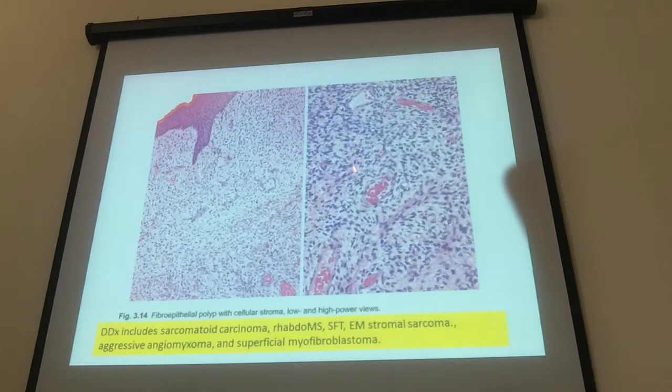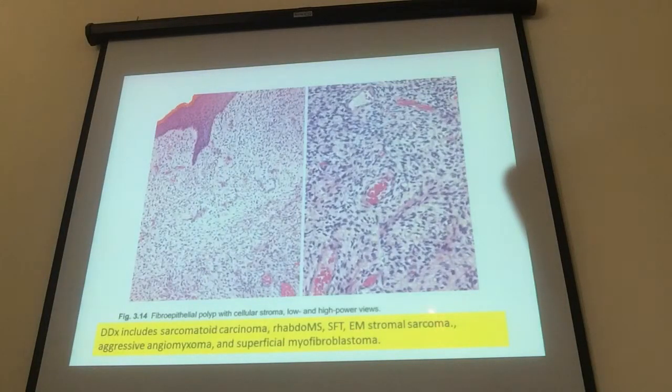The vascular pattern is prominent, and so endometrial stromal sarcoma could become a consideration. If you had to do a stain to differentiate this from this, maybe a CD10 stain would help you.